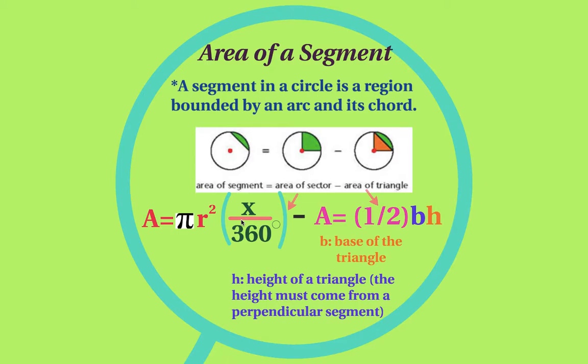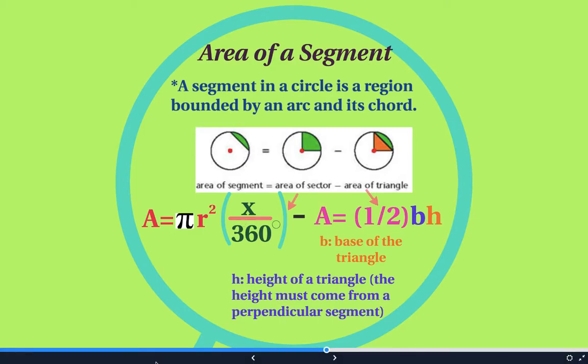Think back to when we did segments and triangles: an altitude is a segment that starts from a vertex and hits at a 90-degree angle. So we'll be drawing in an altitude to help us find the height if we don't already have a perpendicular segment. Okay, let's get going, you guys.